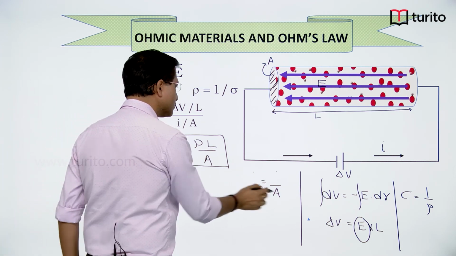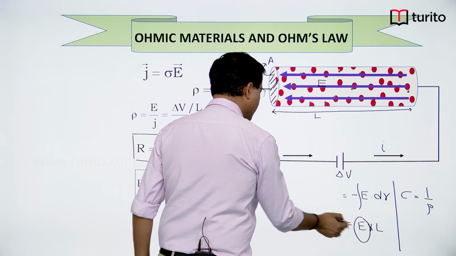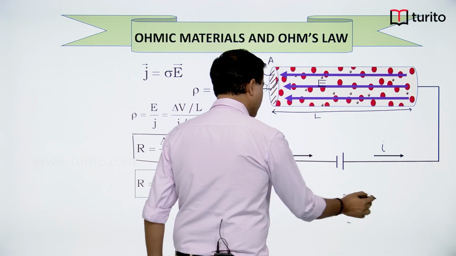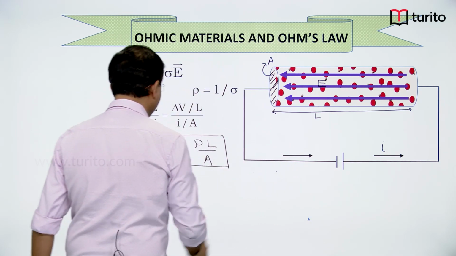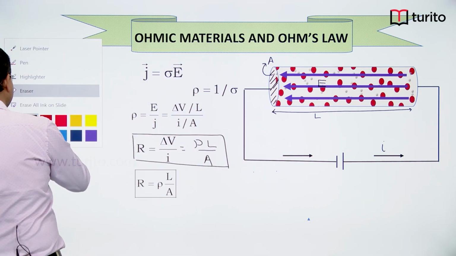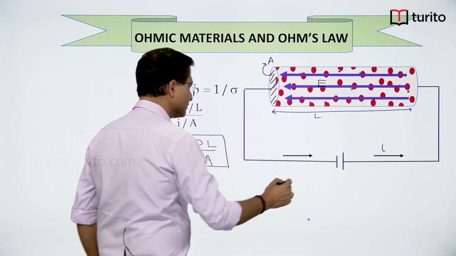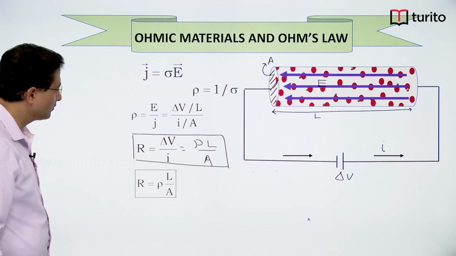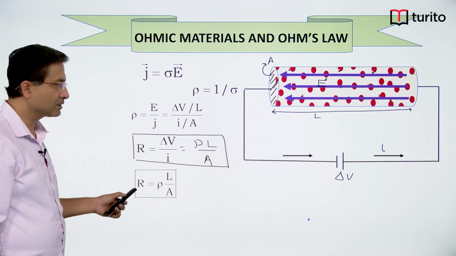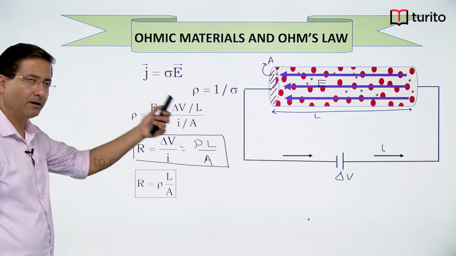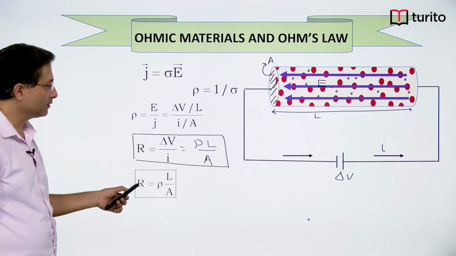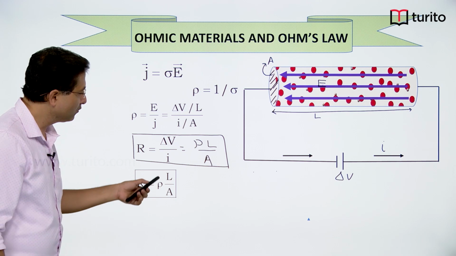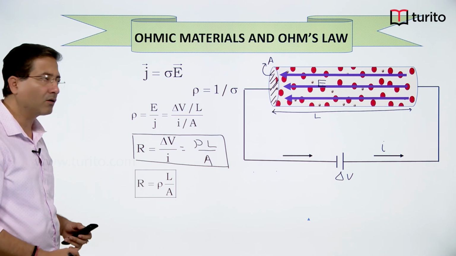So, as I have already used all this, I can erase. So, the resistance offered by this rod to the flow of current is given by R is equal to rho L upon A, where L is defined along the direction of current.